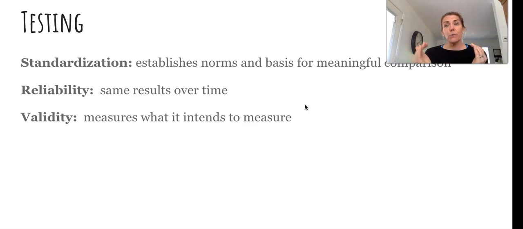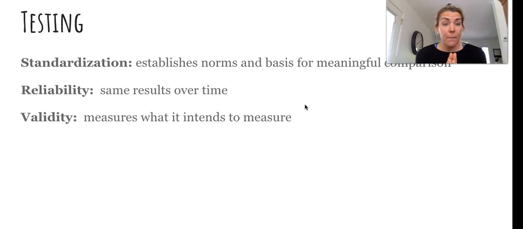Kind of like with the IQ test, 100 has always been the average for an IQ test. And even though James Flynn said it increases with every generation, 100 remains that score. And that's because of standardization, right? You've established the norms and then it's the basis for meaningful comparison.